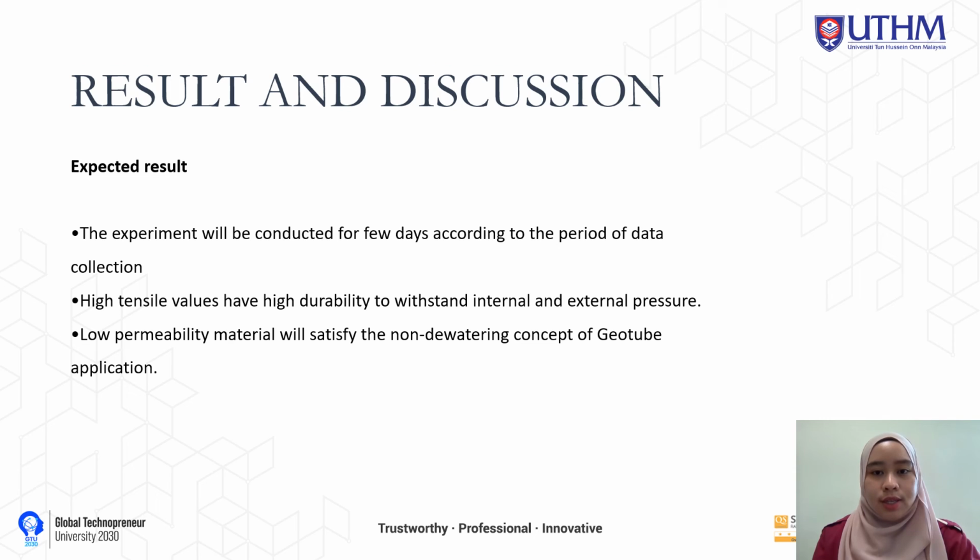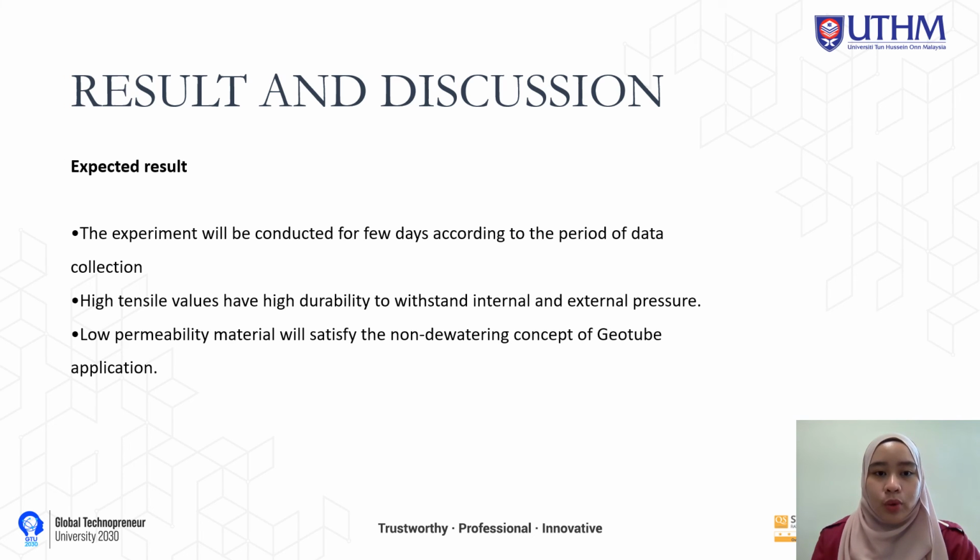First, throughout the tensile test, one of the three ASTM D882 samples will have the highest tensile strength based on the data of elongation and maximum force of the material, their resistance and strength upon the application of maximum force on the universal testing machine. Hence, as a result, the LLDPE material with the highest tensile value will be chosen and proposed as the geotube structure.